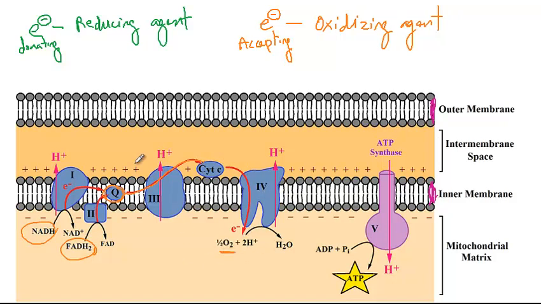And throughout all these reactions, the energy is released from electron transfer in every one of these reactions, and this energy that is released is used to pump proton or H plus from the mitochondrial matrix into the inner membrane space. So you can see that by complex 1, H plus is pumped out, by complex 3, H plus is pumped out, and then by complex 4, H plus is pumped out.